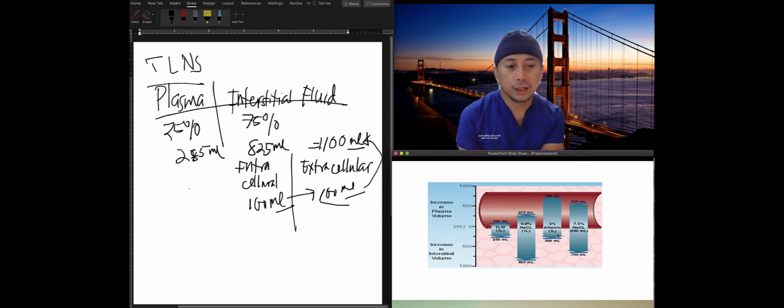So again, here is your 275 in the plasma and 825 in the interstitial, and then your albumin, we all gave that albumin, and it gives you 700 into the plasma and only 300 in the interstitial.